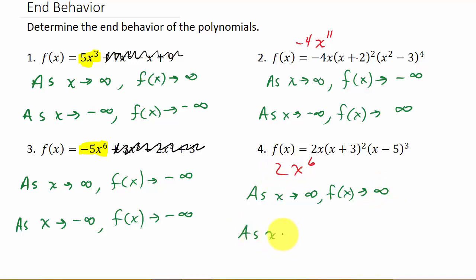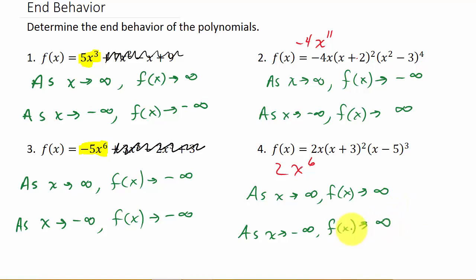And then as x goes to negative infinity, let's see what f of x does. Okay, so I've got a negative number I'm raising to the sixth power. So a negative number to the sixth, we just talked about it, is positive, and then times the positive 2 is positive. And so there's your answer.